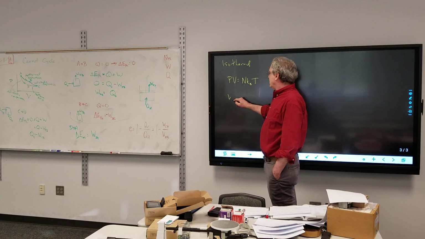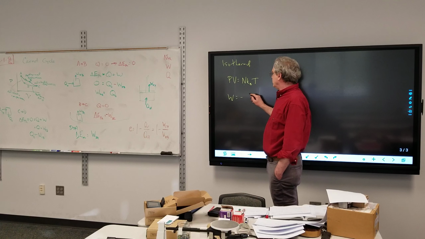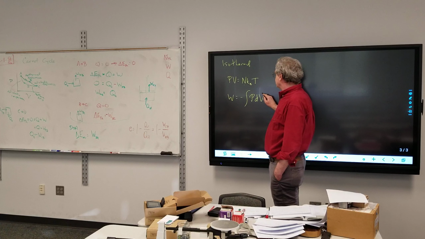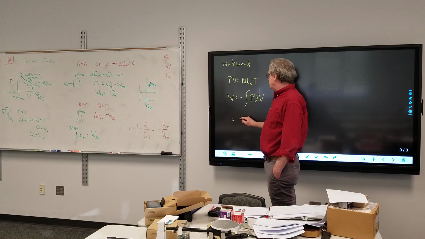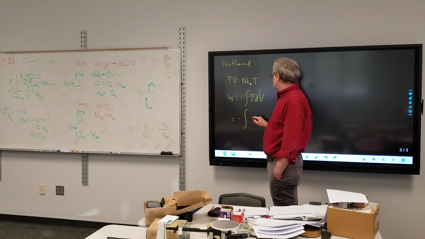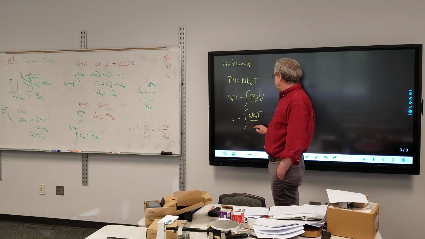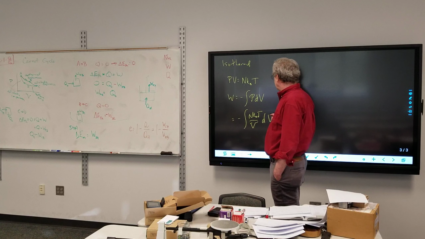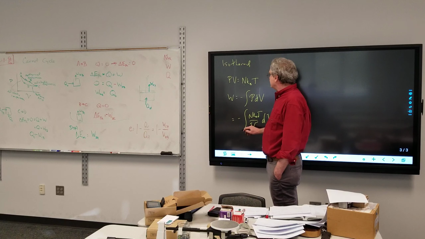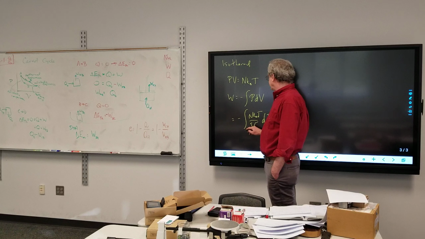I know that the work done on the system is negative PdV, which is negative the integral of NkT over V dV, from, in this case, we'll do it generically, some initial volume to some final volume.